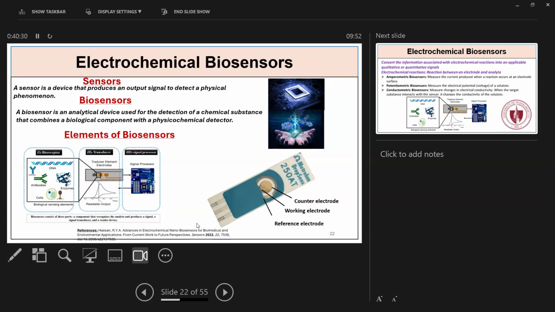And what are biosensors? A biosensor is an analytical device used for the detection of a chemical substance that combines a biological component with a physiochemical detector. So what are the elements? First is the bioreceptor, where the biological event occurs: the interaction of biological molecules present on the receptor.